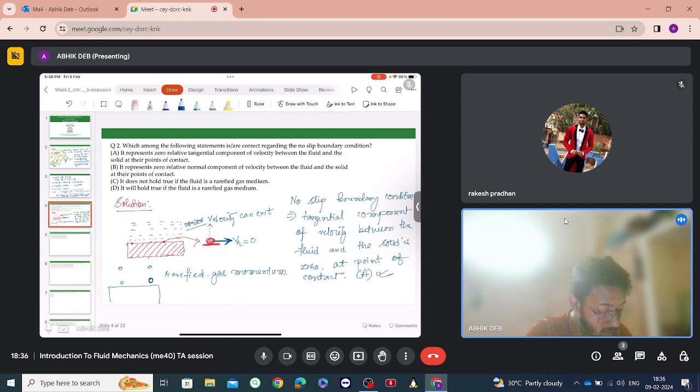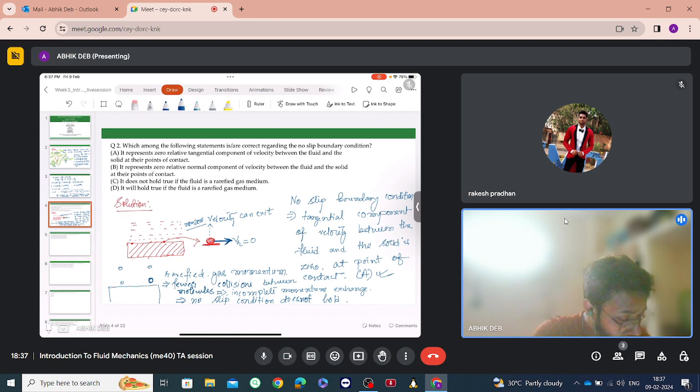For a rarefied gas medium there will be fewer collisions between molecules, which implies incomplete momentum exchange. So the no slip condition does not hold.